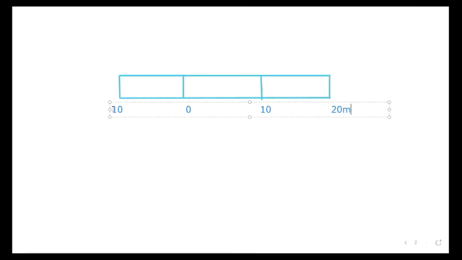So this will be the scale. Now here you have to measure 24 meters. So you get 20 meters. For 4 meter, you divide this left part again into 10 equal parts. This is 50 millimeter, so if you divide it into 10 equal parts, each part will be 5 millimeter.